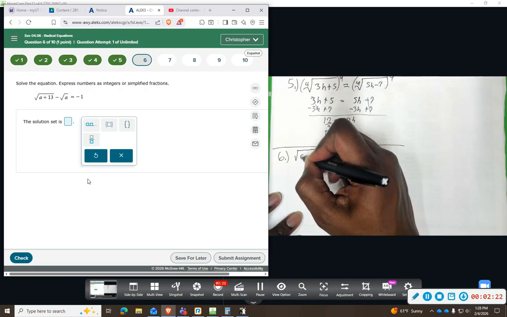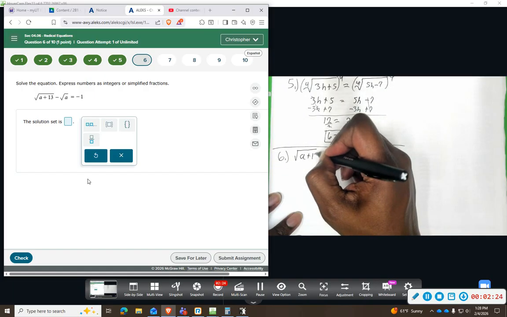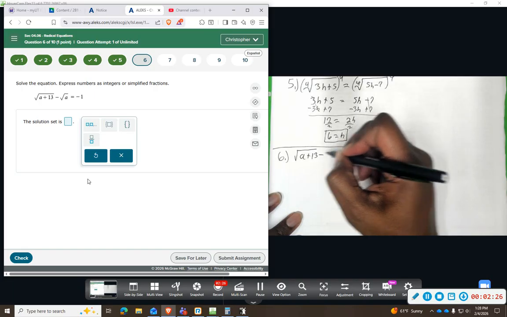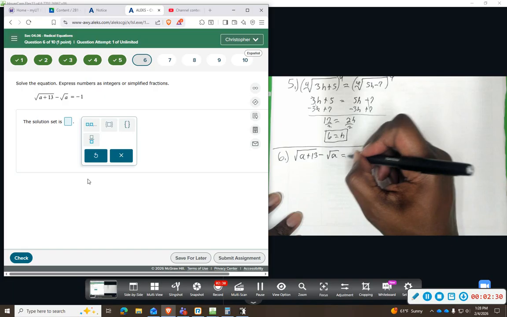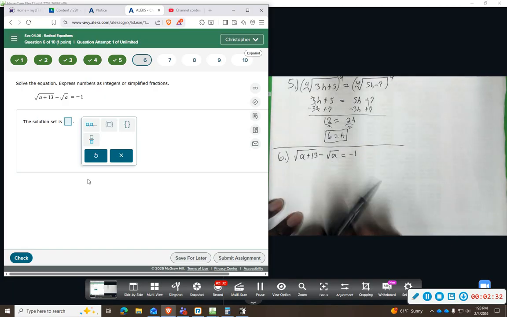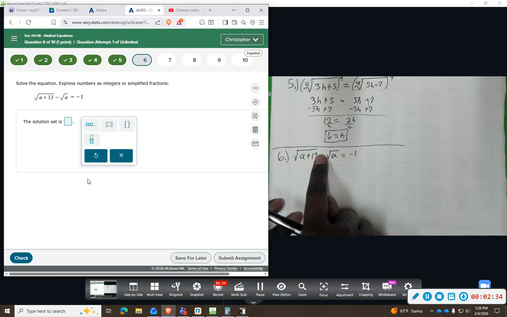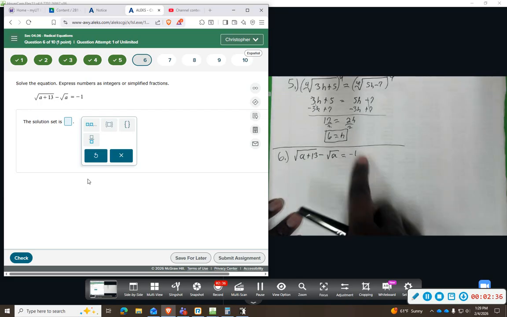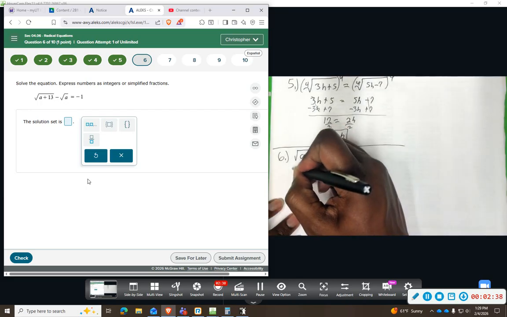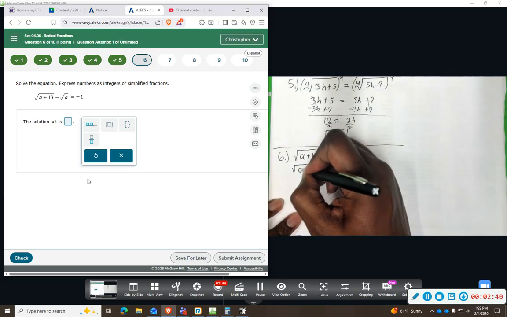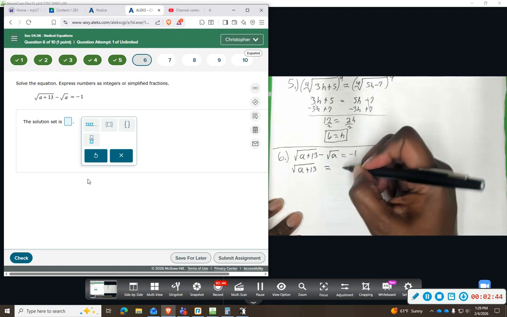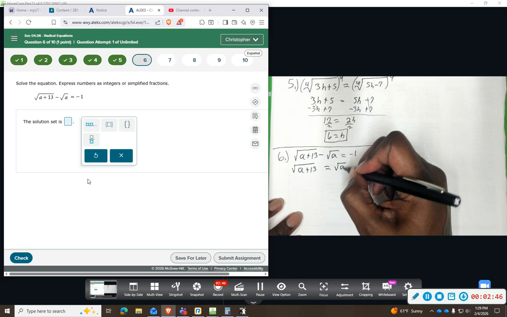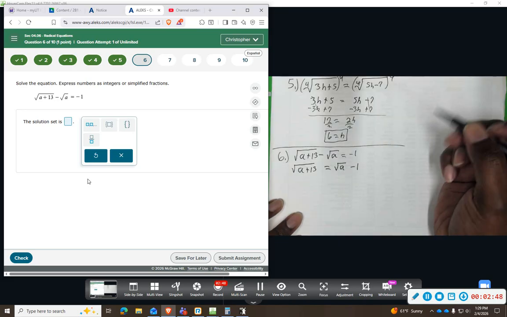So we have a plus 13 minus square root of a equals negative 1. Okay, so I'm going to isolate this radical. I'm going to move this one over. I'm going to add that to the other side. We're adding that, so it's going to be equal square root of a minus 1.